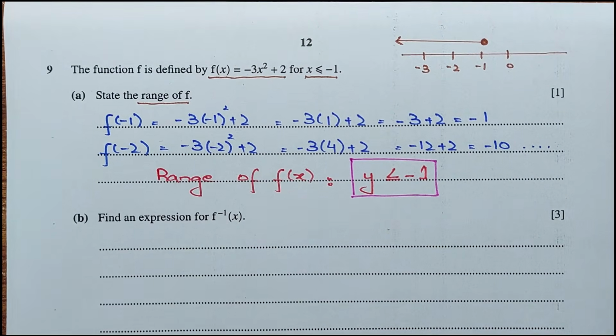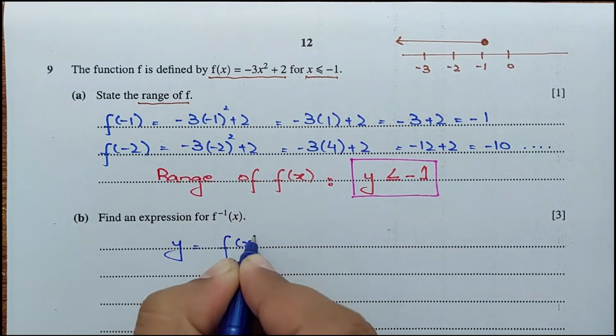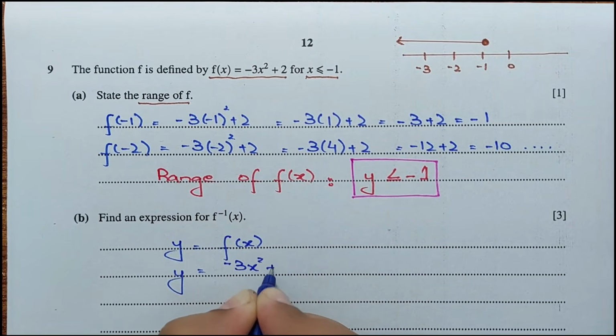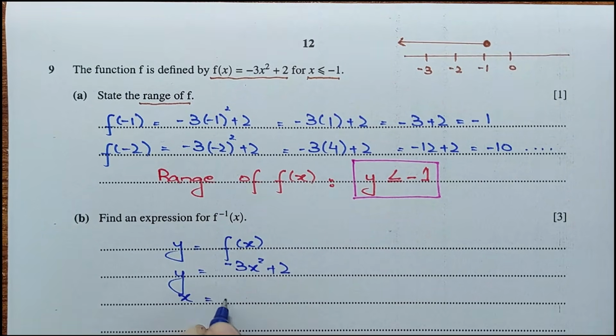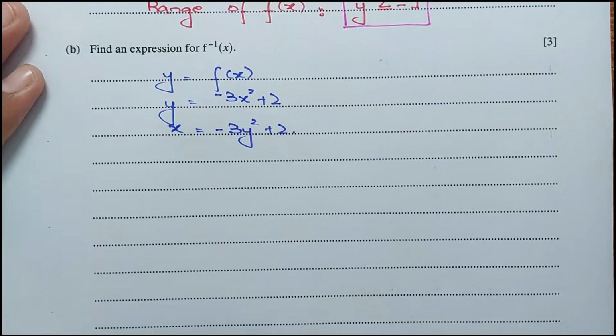Now for part b, find an expression for f inverse of x. So for f inverse of x, the first thing is to put y equals f of x. So y would be equal to -3x squared plus 2. Switch the variables, x is equal to -3y squared plus 2, and then solve for y.